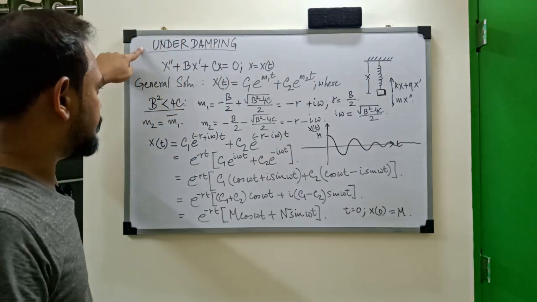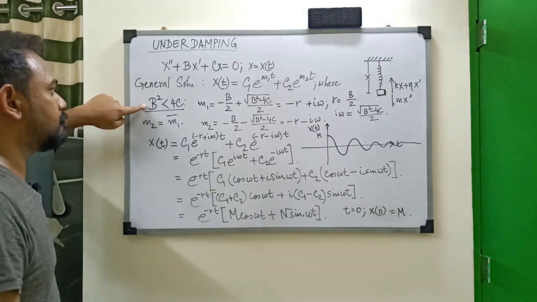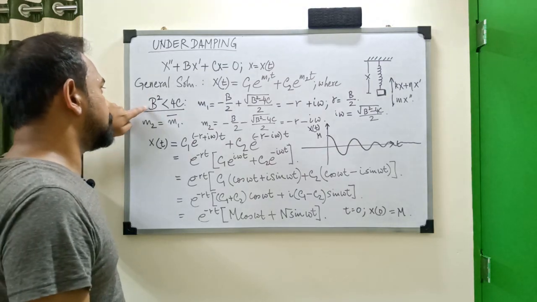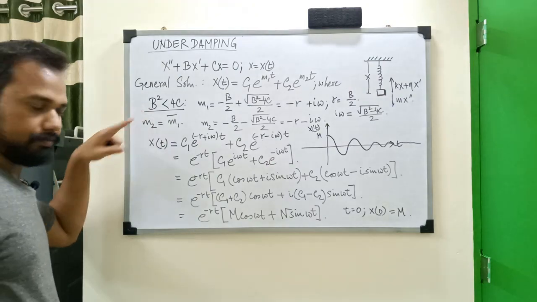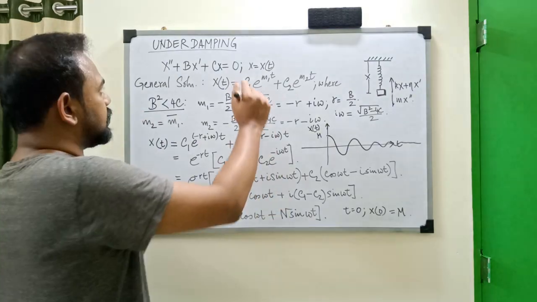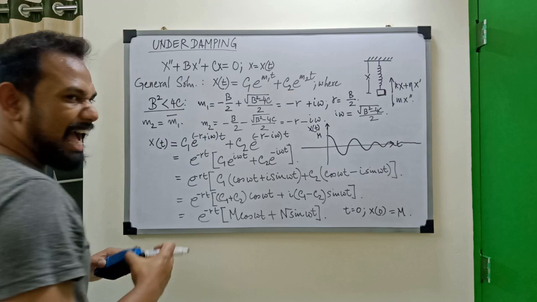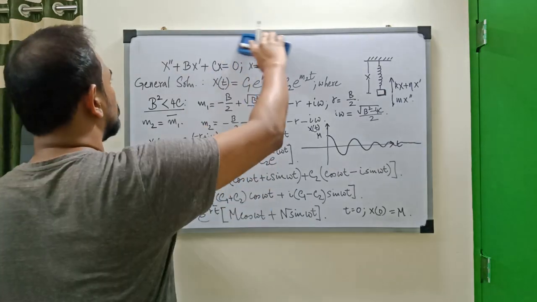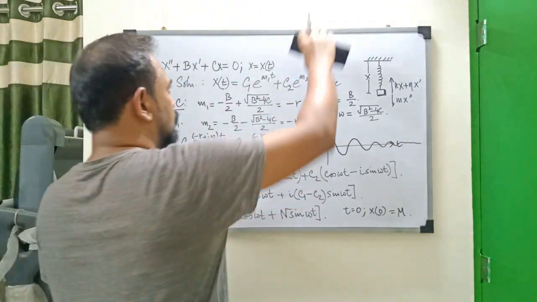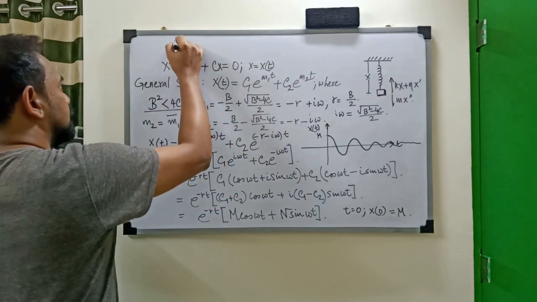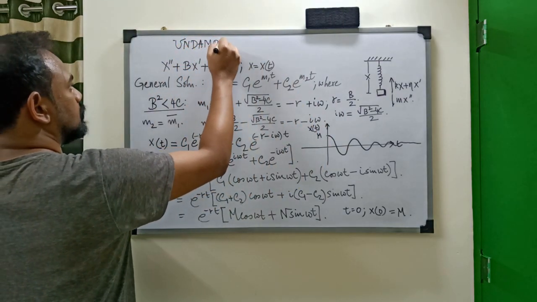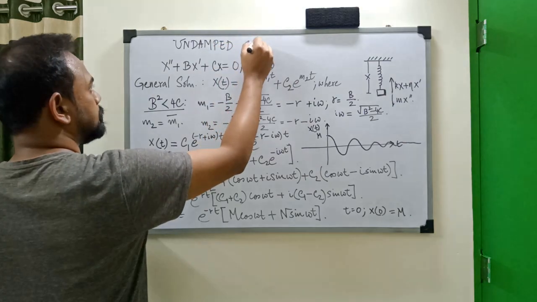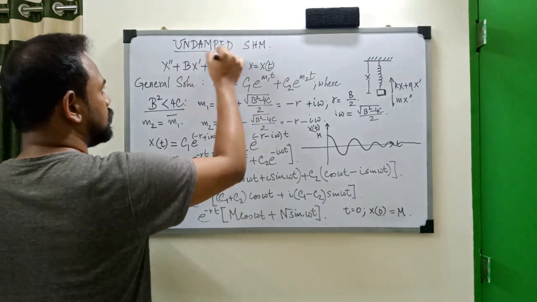So as a sub case of underdamping, where B squared is less than 4C, what if B goes down all the way to 0? Then that's the case of undamped simple harmonic motion.